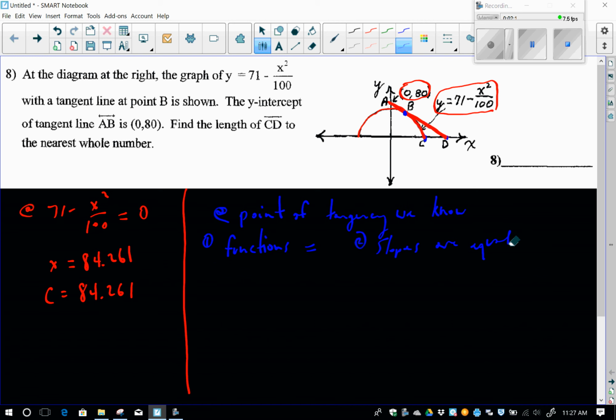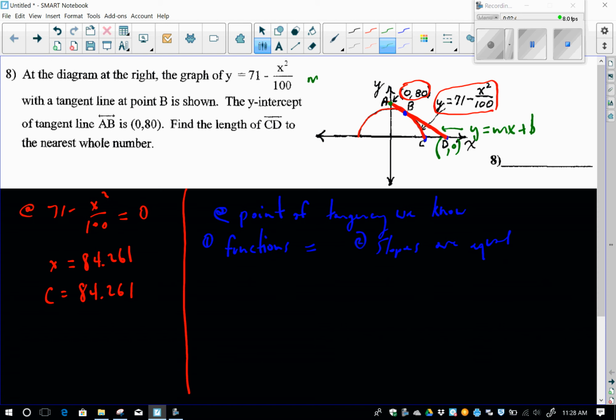So what I want to do is find an equation of this tangent line. Let's start with a generic tangent line equation, y equals mx plus b. The value where it crosses the x-axis is (d, 0), and up here the tangent line crosses at (0, 80).